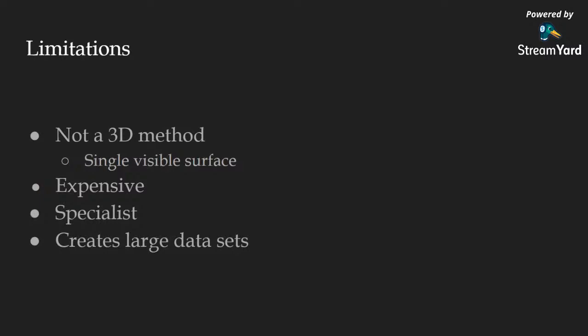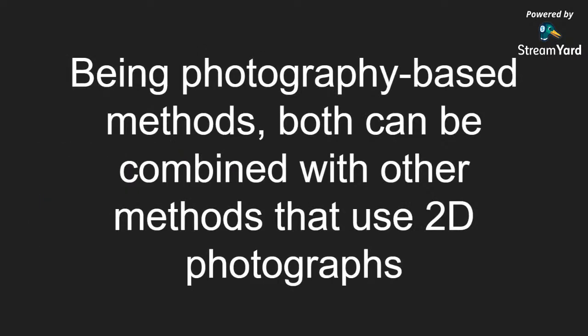And it does require specialist knowledge for applying these filters and identifying features that come out from using these. And finally, it can create very large data sets. However, with both MSI and RTI, since they are photography-based methods, you could theoretically combine them to use them with other 2D photographs and implement them into 3D imaging.